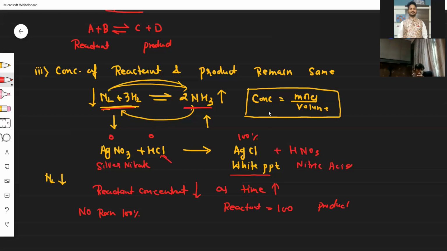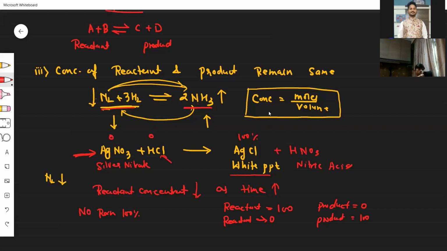As the reaction goes, the reactant is tending towards zero, and the product is getting converted towards 100. So this is not an equilibrium. This condition is not for equilibrium.